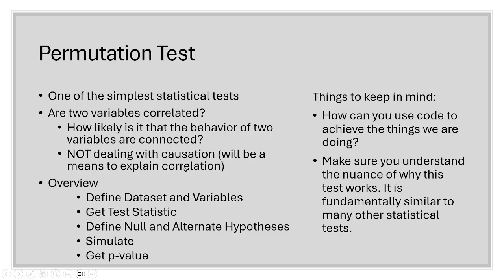Okay. The permutation test mainly looks to answer the question of correlation. Correlation is a bit hard to define, but generally, if you were to move one variable, the other variable would exhibit a movement.